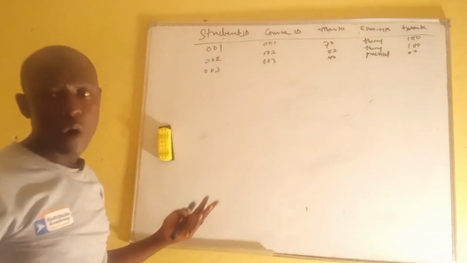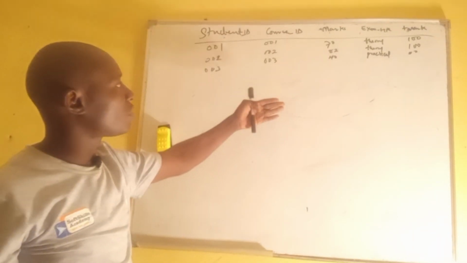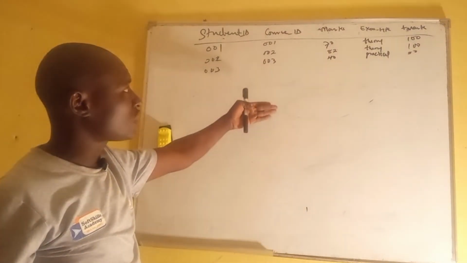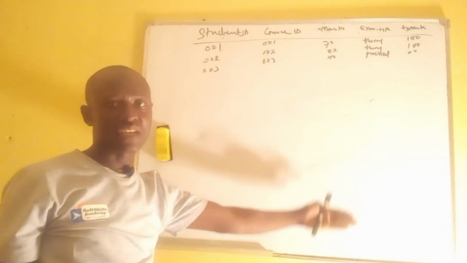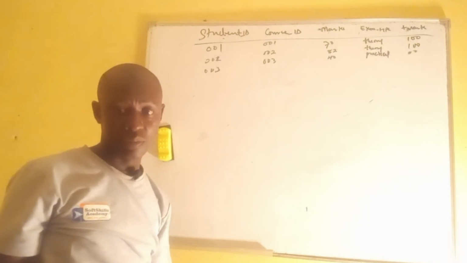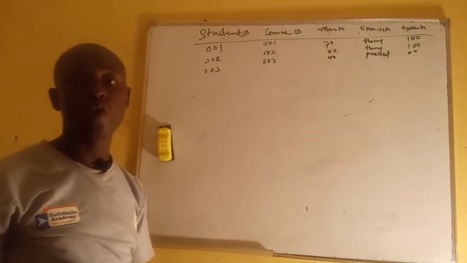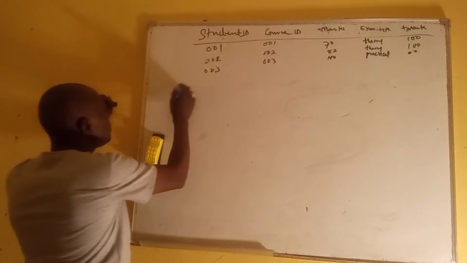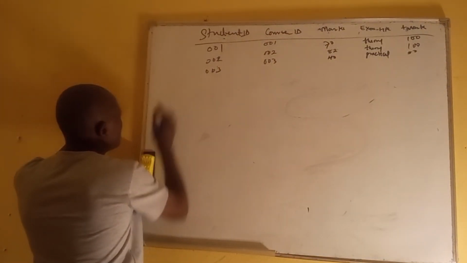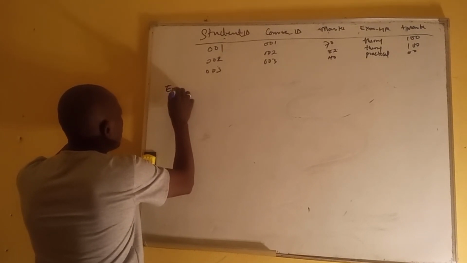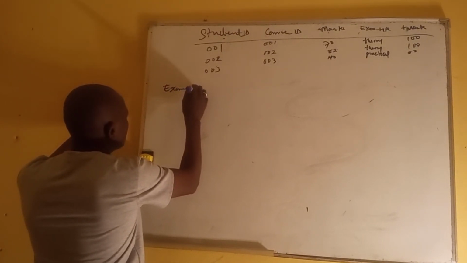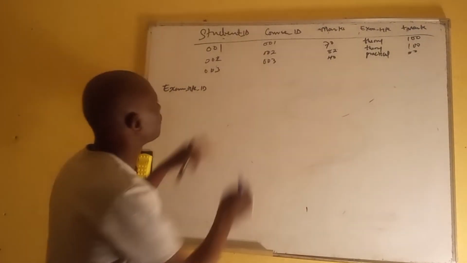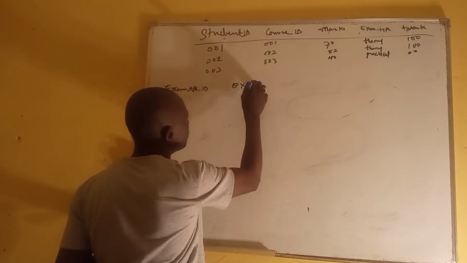So here, we are going to take away this column and treat it, in order not to violate our third normal form, considering the transitive dependencies. We are going to create a table called exam type, with an exam type ID, then the exam type.